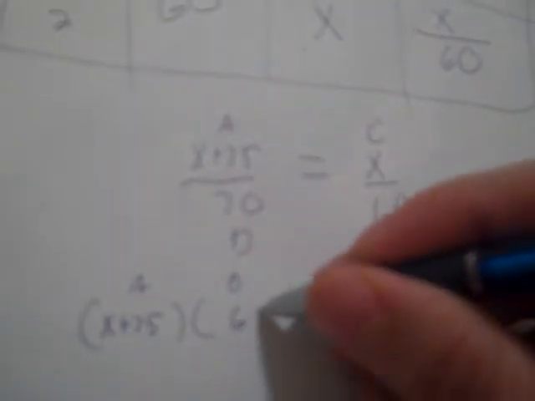All right, we're going to take A and B. Remember, A goes diagonal from B, C from D. And then you set up your cross products, your parentheses. Okay, A gets multiplied by B, C gets multiplied by D. So A is x plus 75, and B is 60, and C is x, and D is 70.